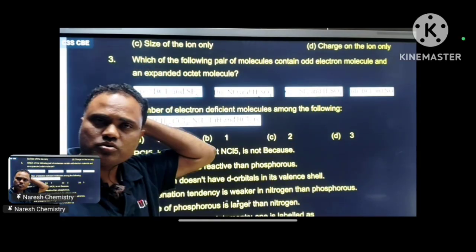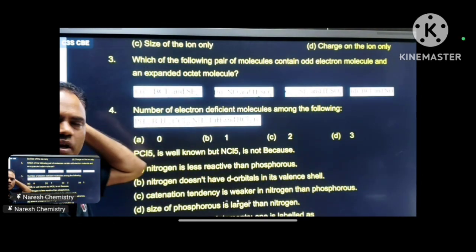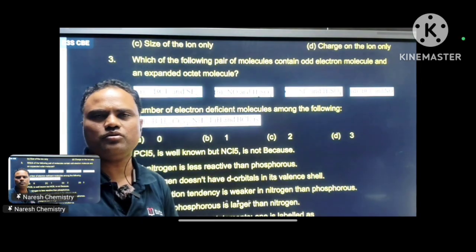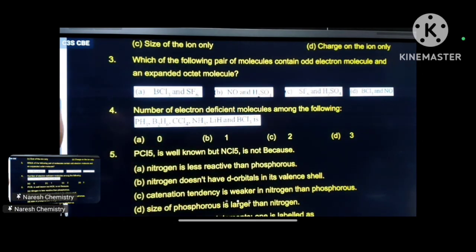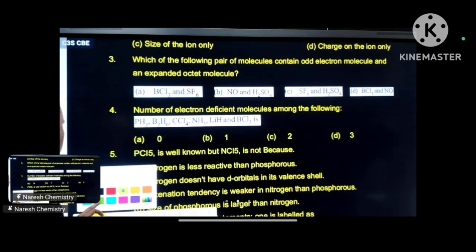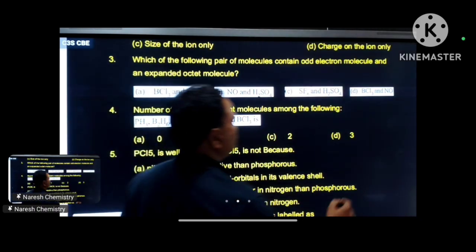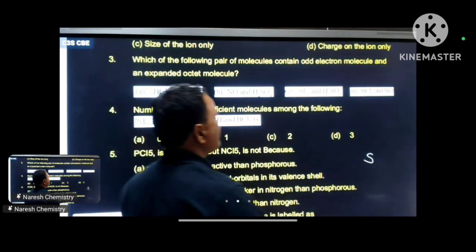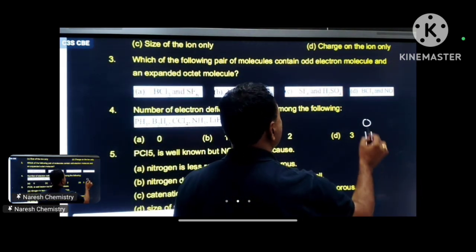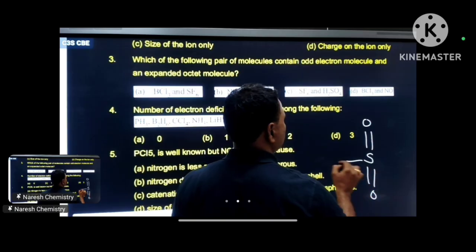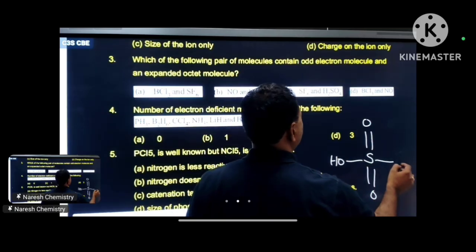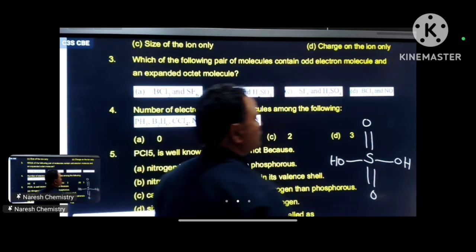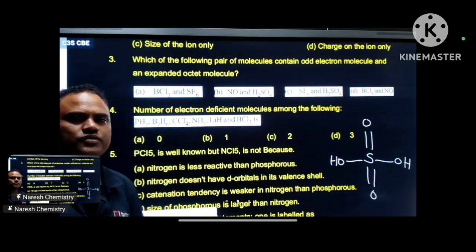So coming to H2SO4. In H2SO4, around sulfur, how many electrons are present? We have to decide. Let us draw the structure. This is H2SO4.